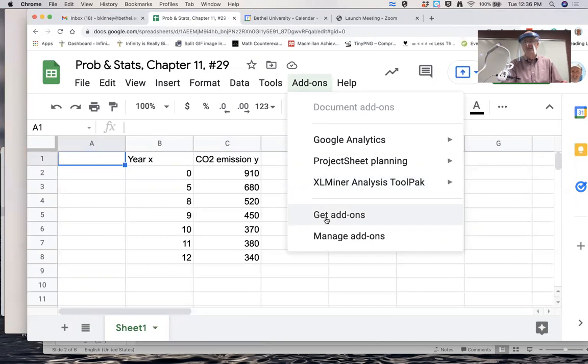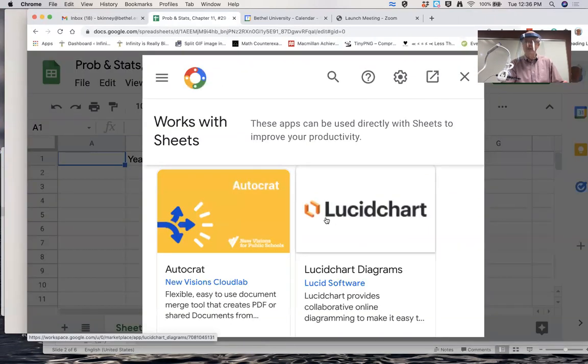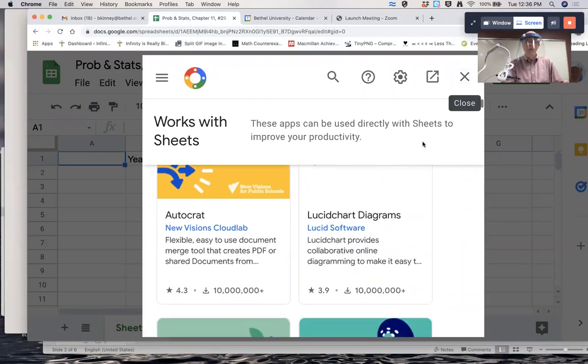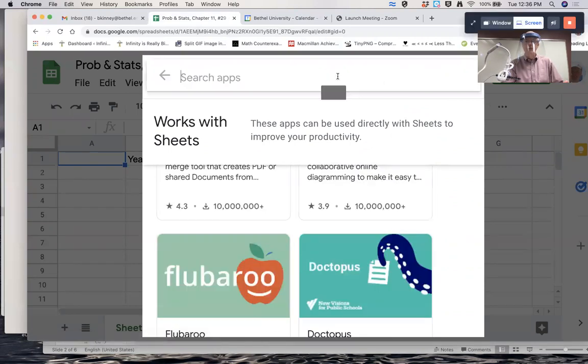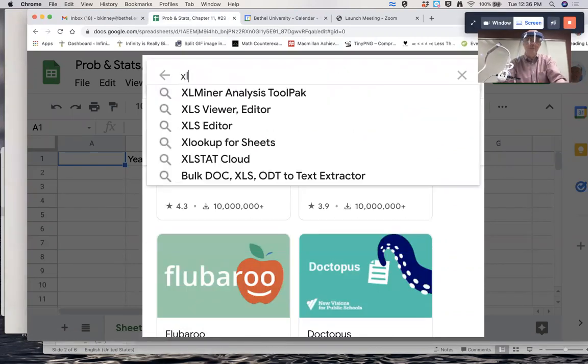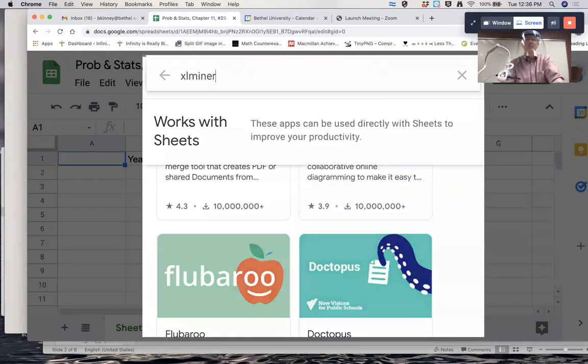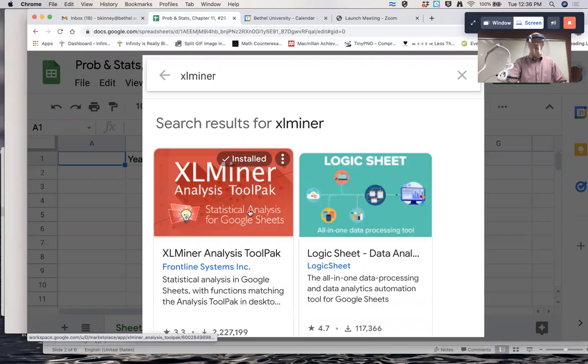It's an add-on. If you don't have it, and you should write this down, you can load it. We can do a search for XLMiner. There it is. I've installed it already. So I'm in Google Sheets. I went to the add-ons menu. XLMiner Analysis Toolpak is what I use.